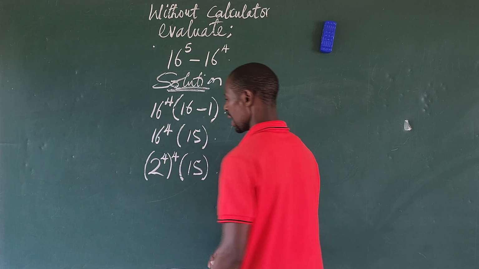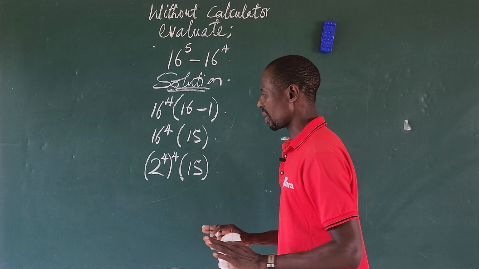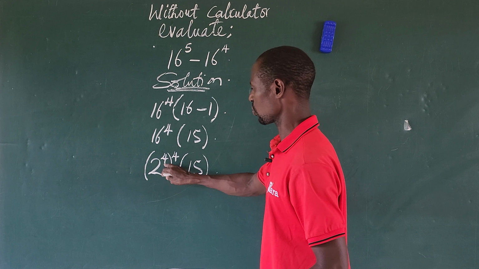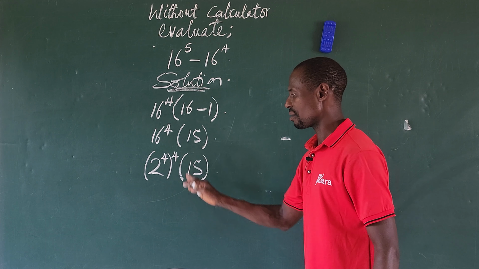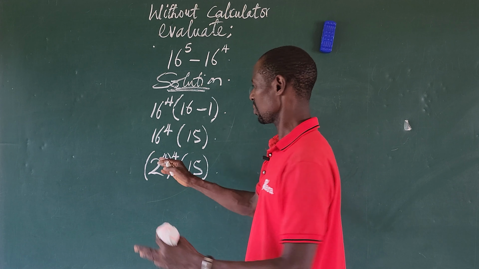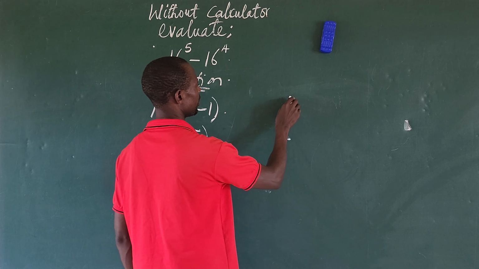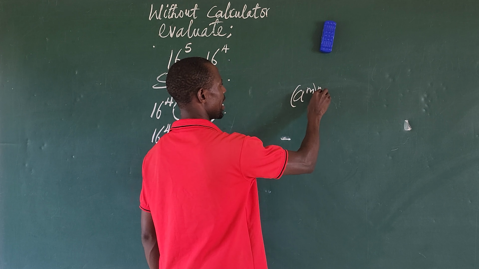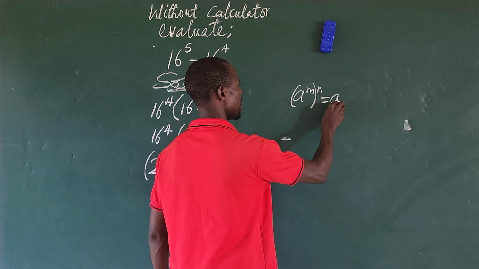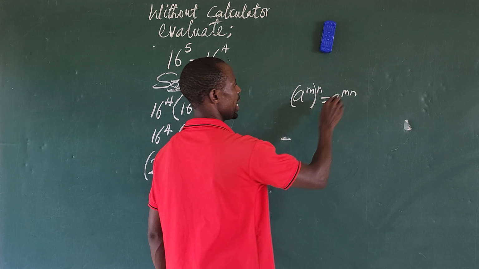We are going to apply the power law of indices, which says that when you have a number raised to another number, then further raised to another number, we can multiply the exponents. It says that if you have a to the power of m, bracket, to the power of n, this is the same thing as a to the power of mn.